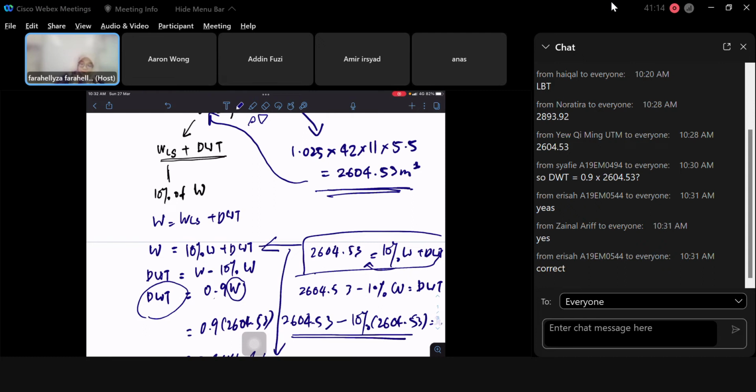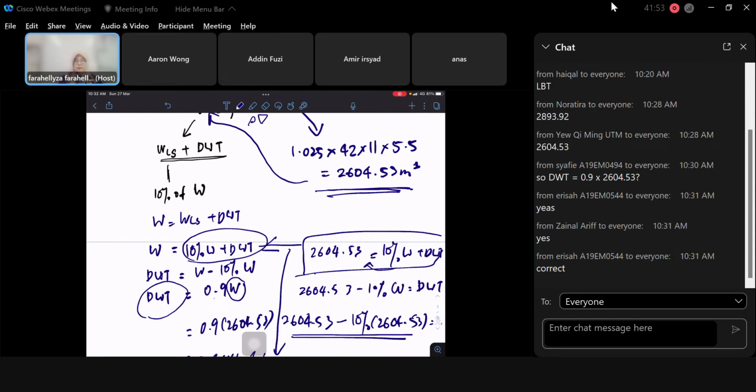Okay, and then that W consists of this 10% of W, because the question gives you the condition that the light ship is 10% of the total weight. But in the real case, where you have the ship type, the DWT, and the speed, you cannot apply this 10% W. This is the condition for this problem only.